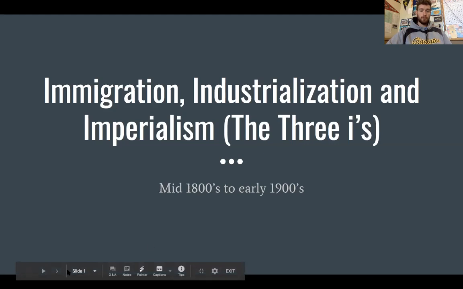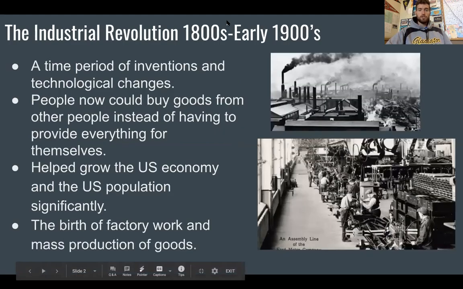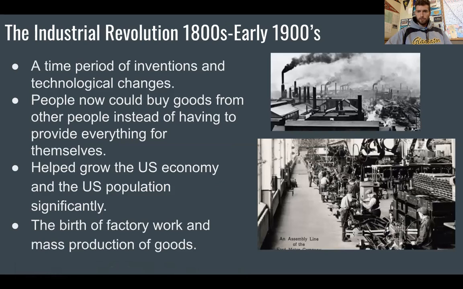All right, so let's get into it. Let's talk about the Industrial Revolution. The time period that you're most commonly going to hear about when we talk about the Industrial Revolution in any world history class is the early 1800s going to the early 1900s. It's a time period of a lot of innovations and technological changes.